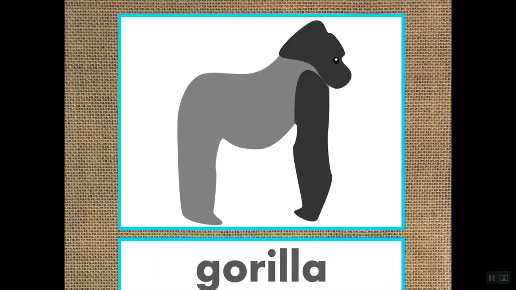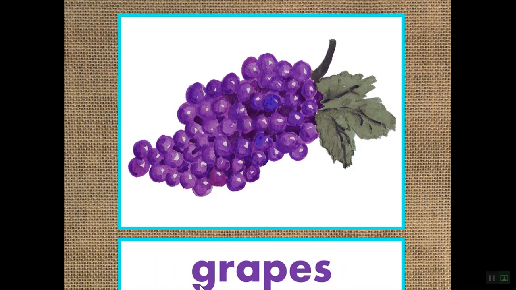Next is an animal, and this is a gorilla. Can you say gorilla? Very nice job. Once again, we see our G and we hear it saying G at the beginning. Next, we have grapes. Say grapes.